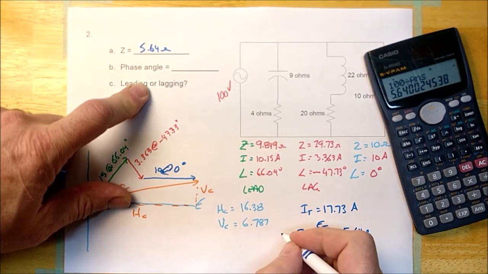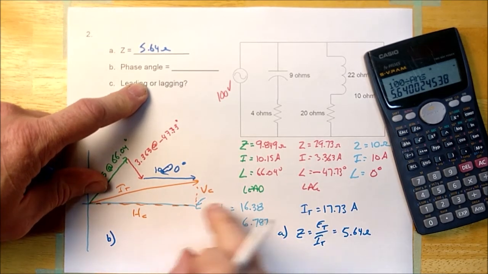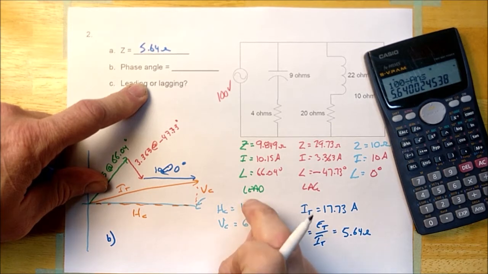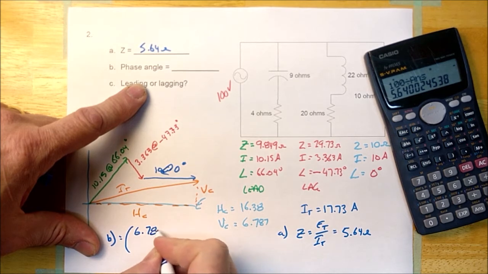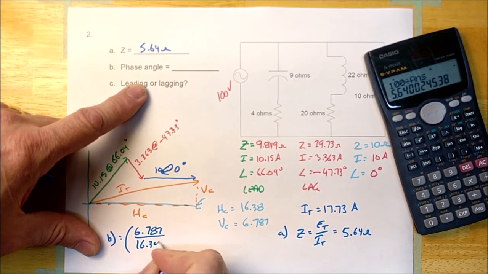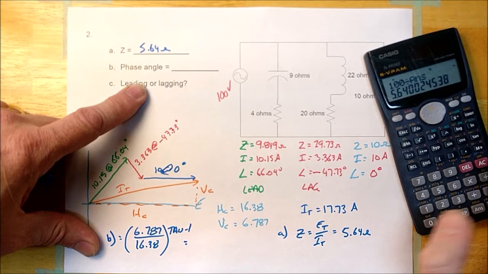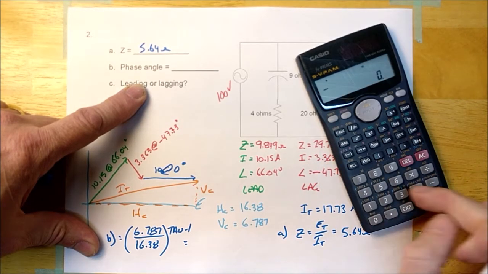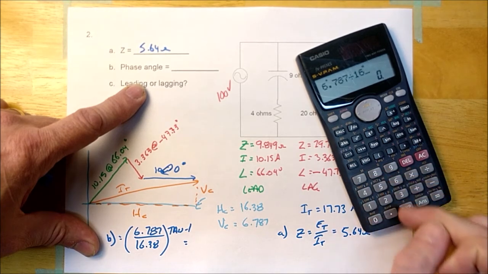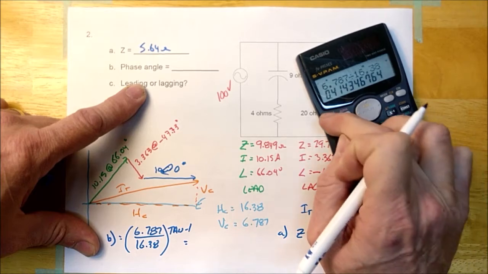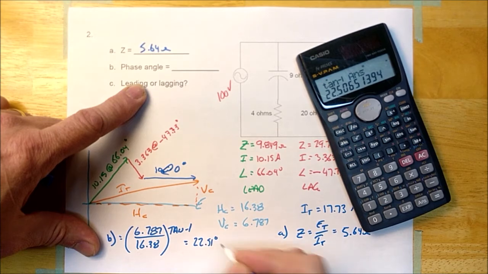So finally, we got A here. I'm going to do B over here. B, phase angle is going to be opposite over adjacent, inverse tan, okay? 6.787 over 16.38. 6.787 divided by 16.38, shift tan, equals 22.51 degrees.